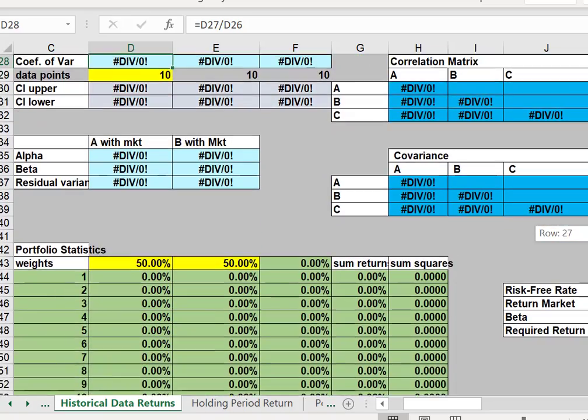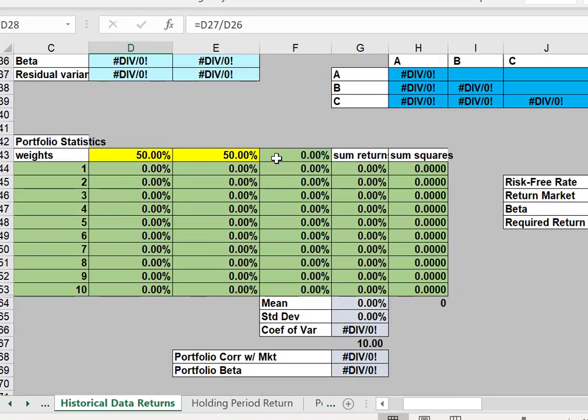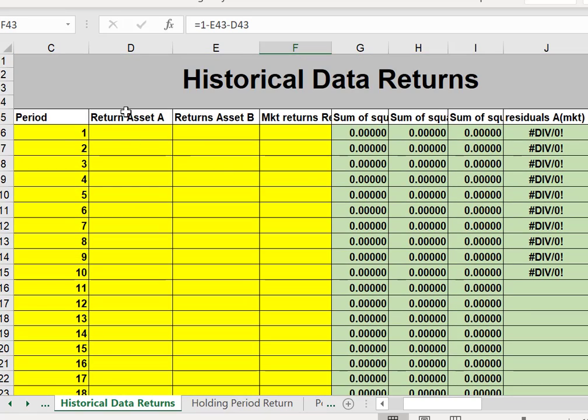Again, if we scroll down a little bit, we can put 50% of our money in one, 50% in another one. Again, if I make this 20%, now what happens is you see the third asset come into play. So we have assets A and B, that's Blandy and Gourmand, and now the stock market return is also here.